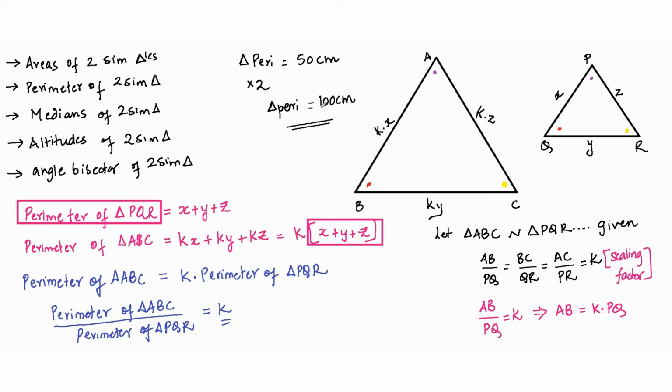Okay, so the perimeter scales by the same factor as the sides. This is an important conclusion. I am again pausing for a minute and then we will continue with the next concept.